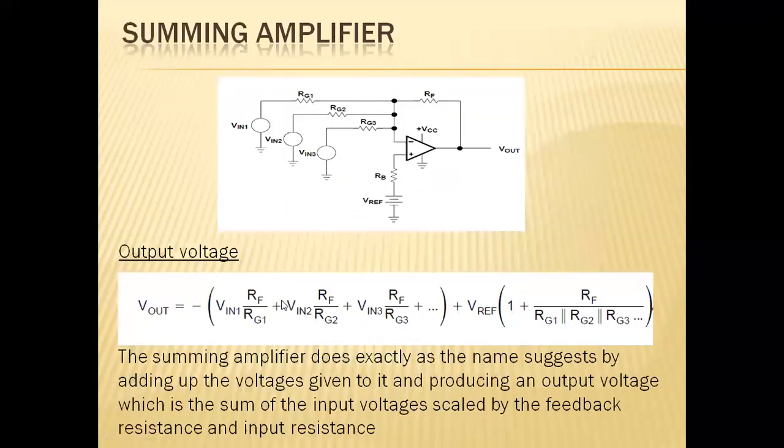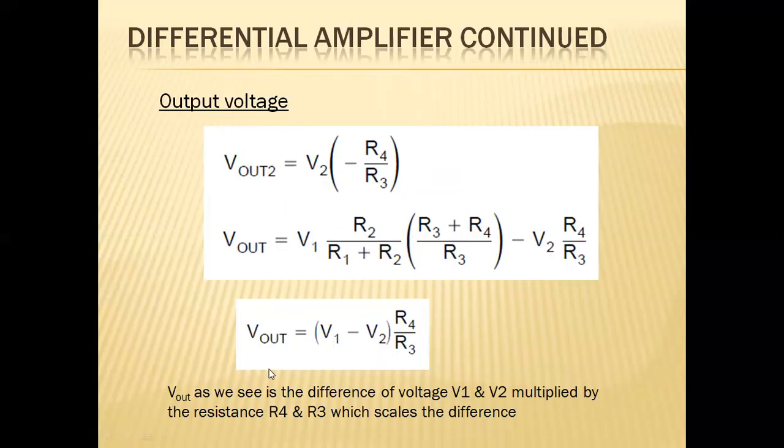And finally we have the differential voltage with respect to both input voltages 1 and 2, which is multiplied by the resistances R4 and R3, and scales the following difference.